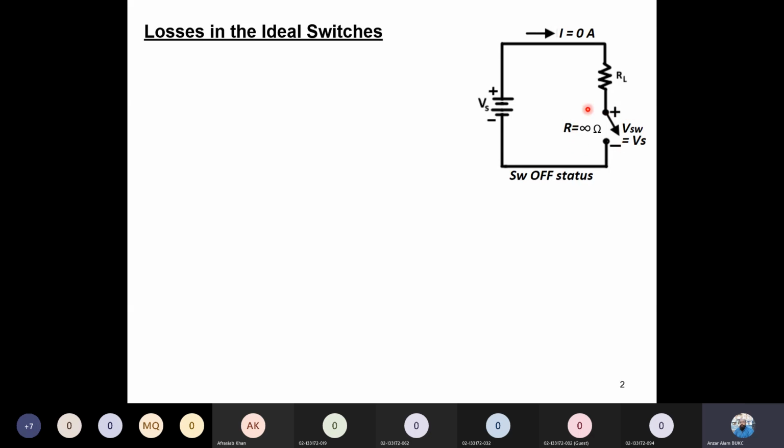For example, if this is a transistor, how can we find the losses? The loss is power, and power is equal to VI. We multiply the voltage across this transistor by the current, and we end up with the loss value. And if you want to find the energy, you multiply the losses by time, and you end up with the energy.